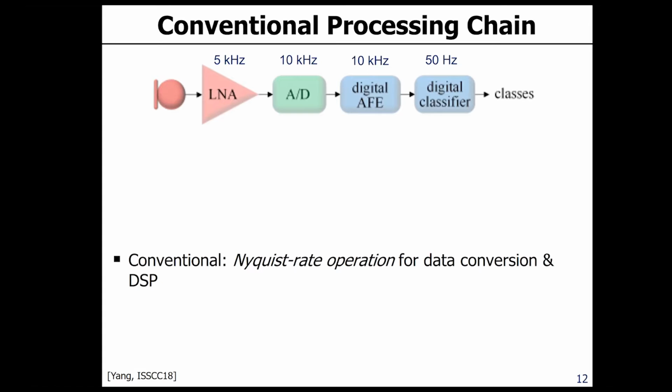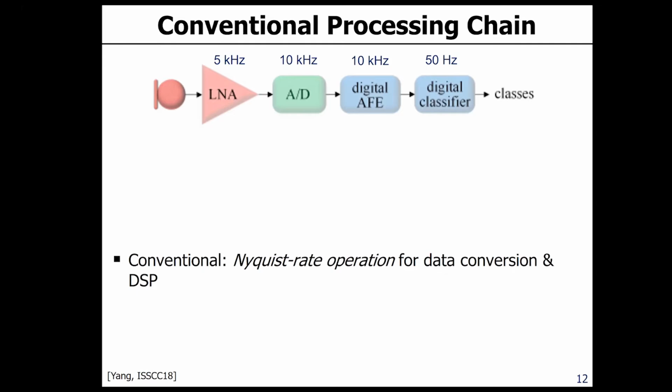For the human voice, most of the important information is limited up to 5 kilohertz. So the LNA we design to have a bandwidth of about 5 kilohertz. If you want higher quality sound, you can design for 16 kilohertz, 32 kilohertz, whatever you want. But for this type of application, 5 kilohertz turns out to be okay. So the LNA design bandwidth target is typically set to 5 kilohertz, right?